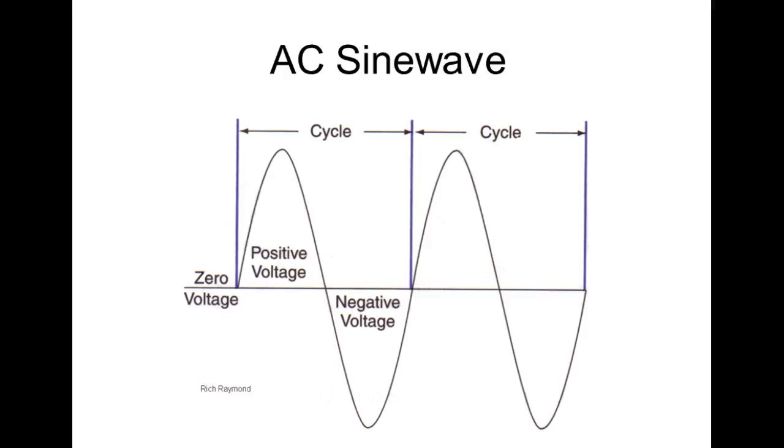Then it hits what we call a peak, and then it drops down and hits a negative peak, and then it repeats over and over. As long as these lights are turned on, that's what the lights are seeing. As long as Alabama Power don't fail, this is what your house is seeing. This thing right here is called a sine wave. Sine wave is two different words, by the way, but I always put them together.